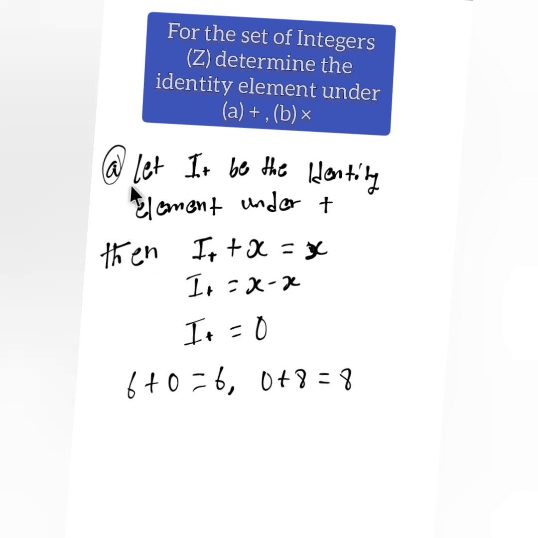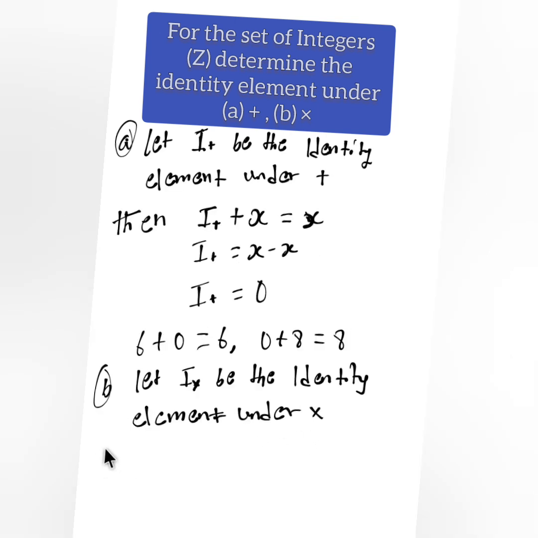Now let's solve for B. In B, let I times be the identity element under multiplication. Then, according to the definition, the identity element under multiplication times y should give us y. The identity element times y should be y, which means that y times the identity element equals y.